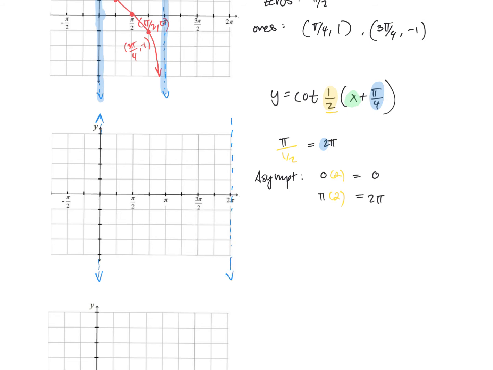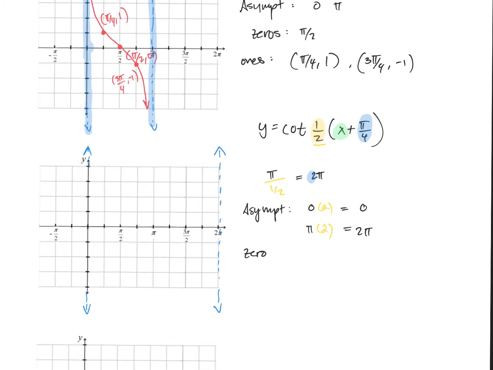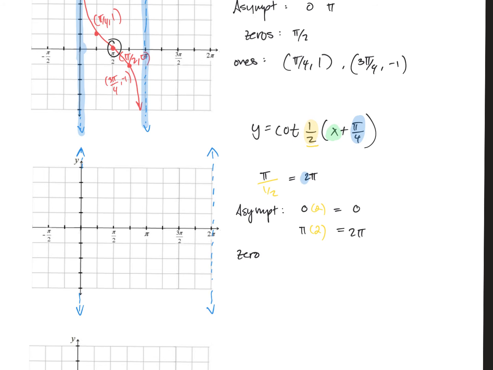Okay, so we've done our asymptotes. Now we have 3 other things to do, the zeros and the ones. Now our 0 is at the point pi over 2. Multiplying that by 2, the 2's will cancel, and we'll just be left with pi. So we have our new 0 at pi. So we have pi, 0, and then let's do our ones.